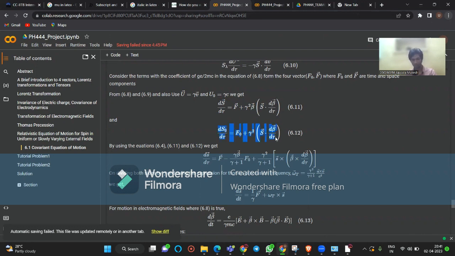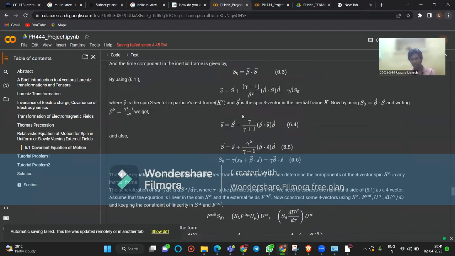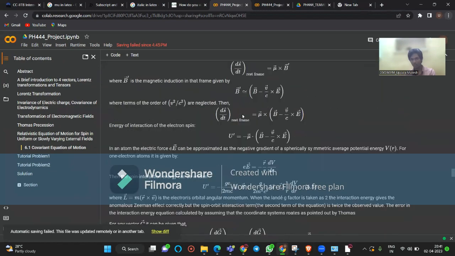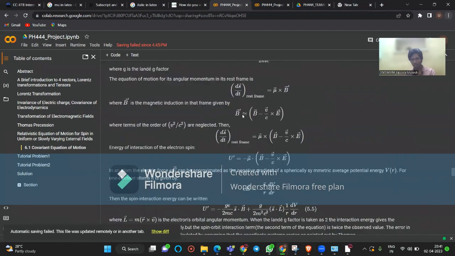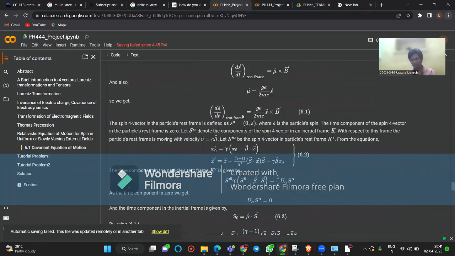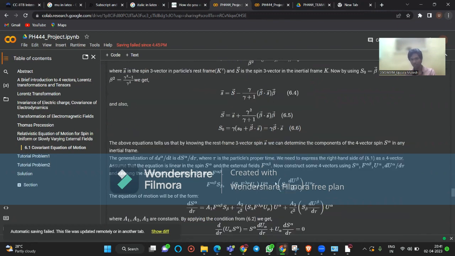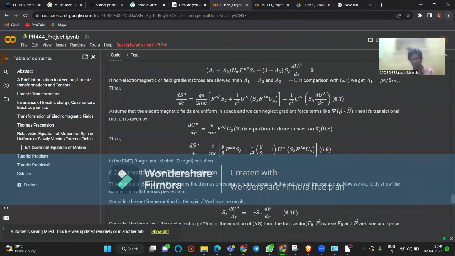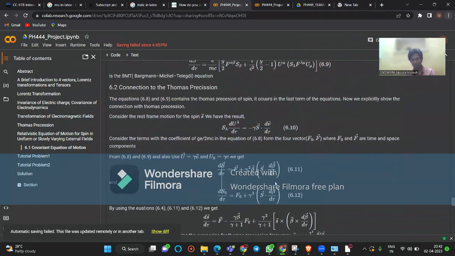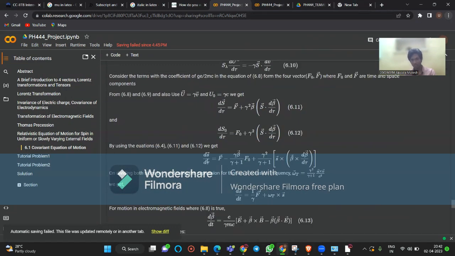Now on combining these two equations, and also using this equation, S equal to S bar minus gamma by gamma plus 1 into this equation, we are able to write a new equation, that is ds bar by d tau equal to F bar minus something.